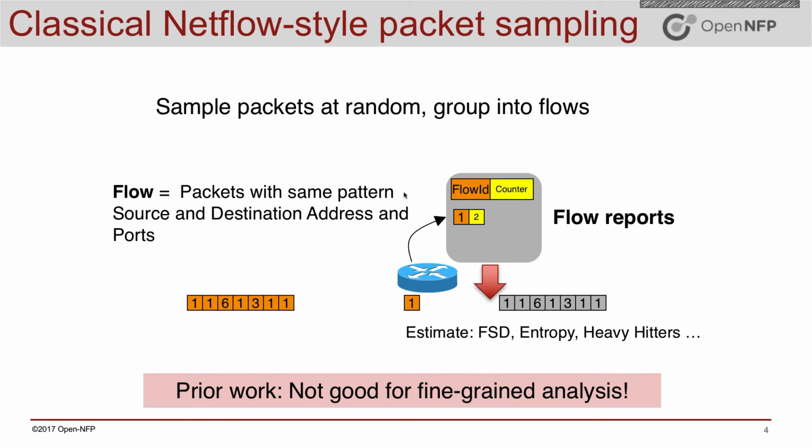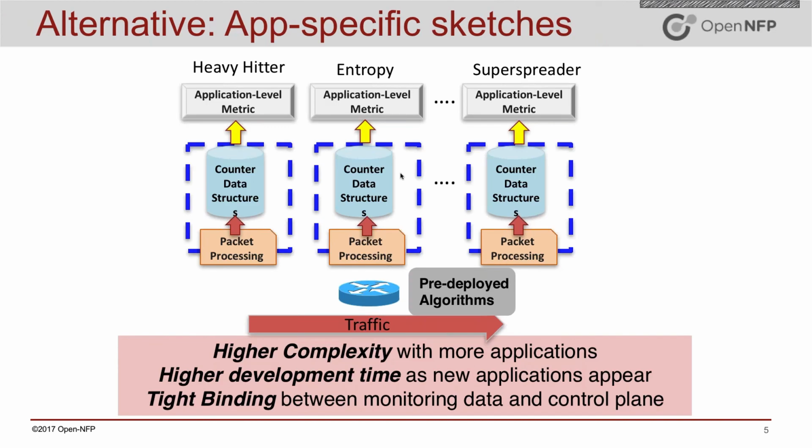But unfortunately, it's very well known that these kinds of coarse-grained sampling techniques are a very bad fit for the kinds of fine-grained analysis and anomaly detection algorithms that we want for security capabilities. Consequently, there's been a lot of interest in the research community in developing very application-specific algorithms, what are called sketching or streaming algorithms.